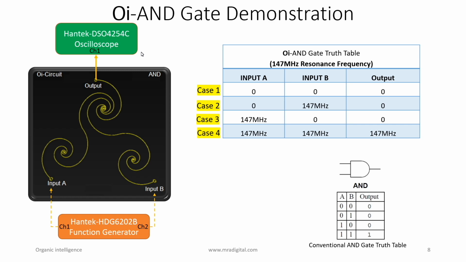The conventional truth table of the AND gate uses DC instead of AC, so you get a 0, 0, 0, and a logic 1, which represents a DC voltage. But with organic intelligence, the output is the same. You have a 0 for case 1, 0 for case 2, 0 for case 3, and 147 megahertz at 936 millivolts peak to peak. So that's an AND gate.